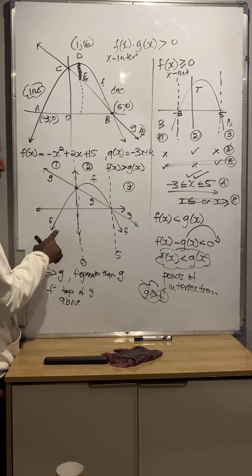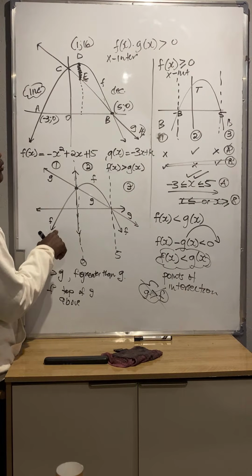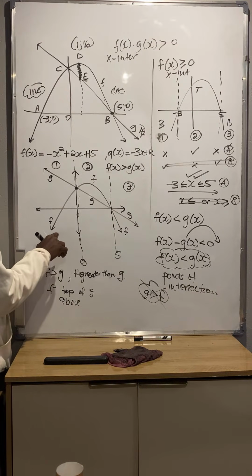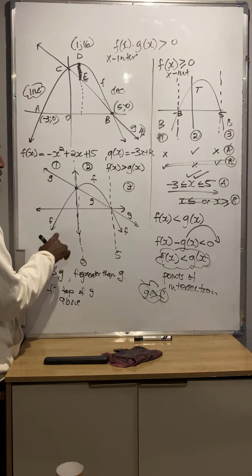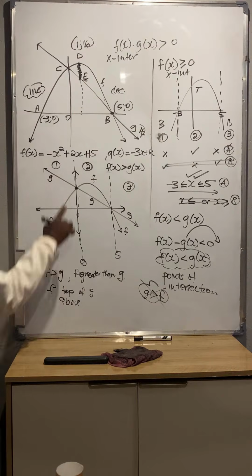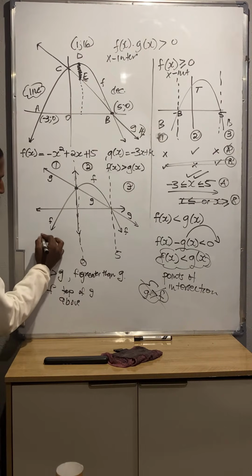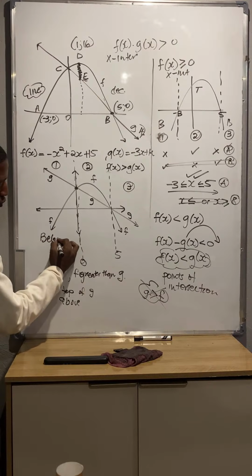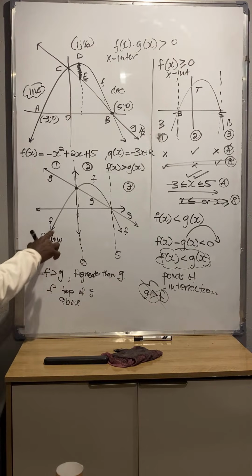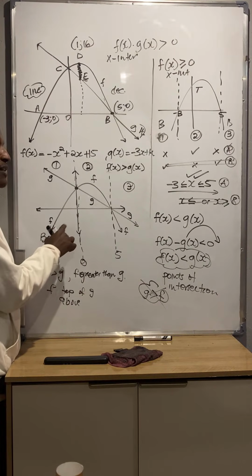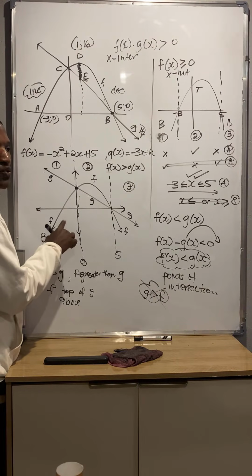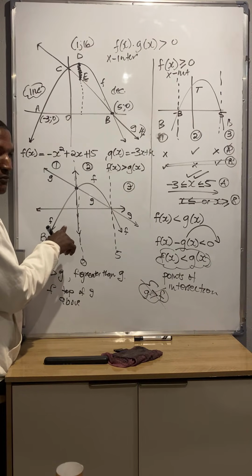In section number 1, is F above or below? Below. So in section number 1, F is below. We want where F is above, family.